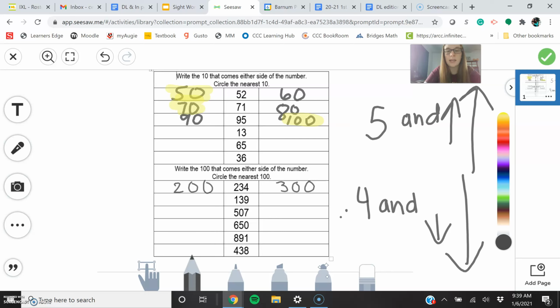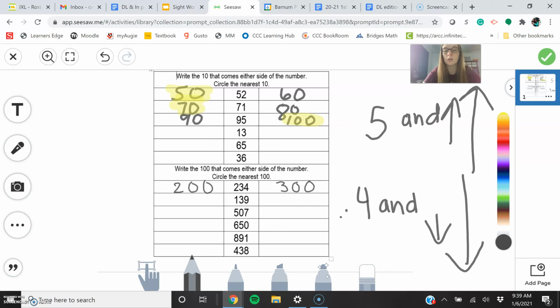Notice how I stay in the 200s place for the left number because that's what my number started with. And then I jump a whole 100 more on the right side. Just like what I did in the tens, I stayed in the same tens or I jumped up to a 10, okay?